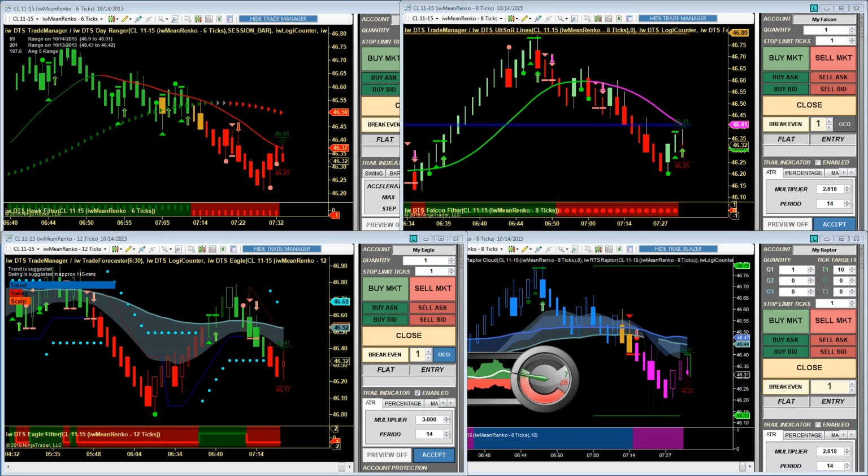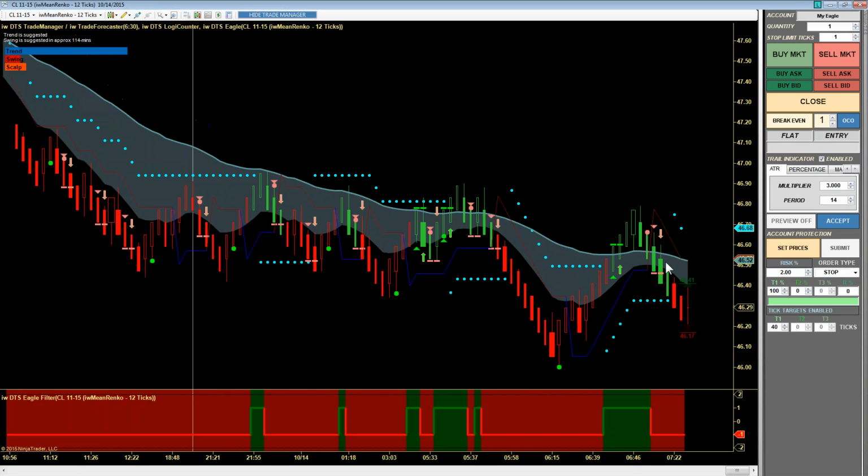So JK is asking, so right where your arrow is, how come you have a red bar within green bars? Okay, I'm thinking you might be referring to the green bar cell here on the eagle.